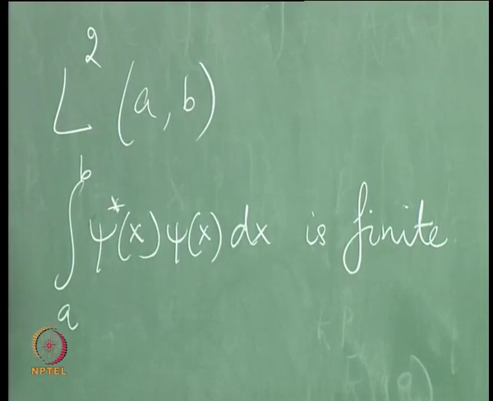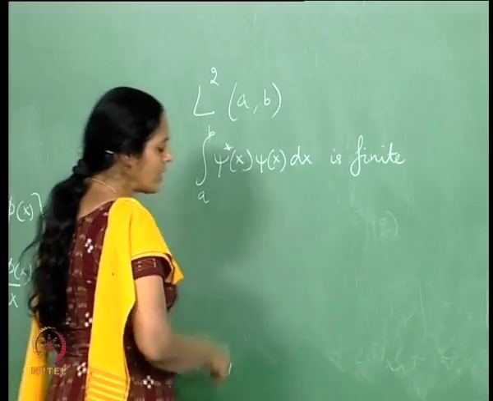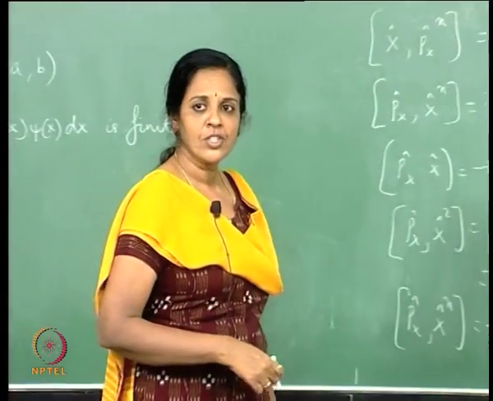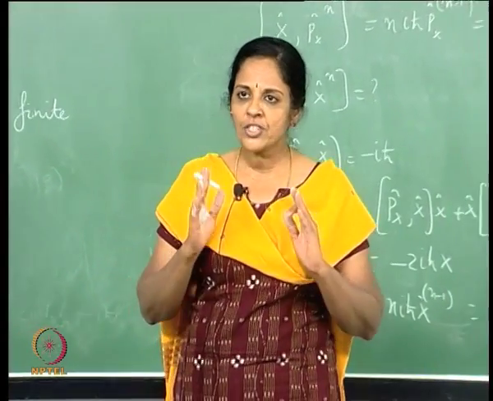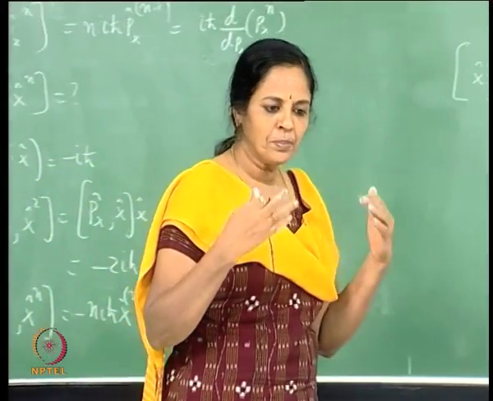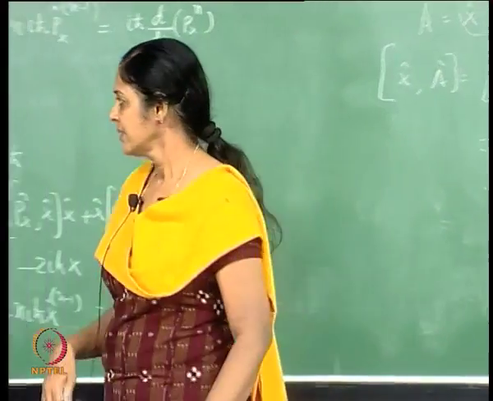And x is a real variable. A space like this is an infinite dimensional space. It is an infinite dimensional linear vector space on which an inner product structure is defined.